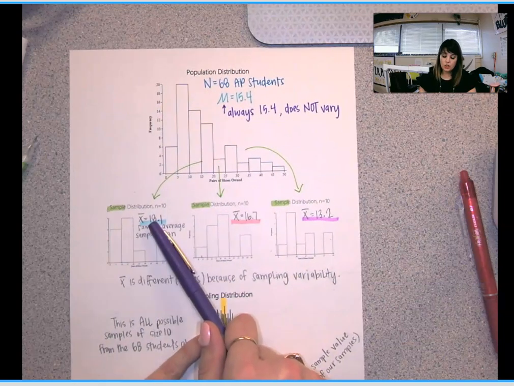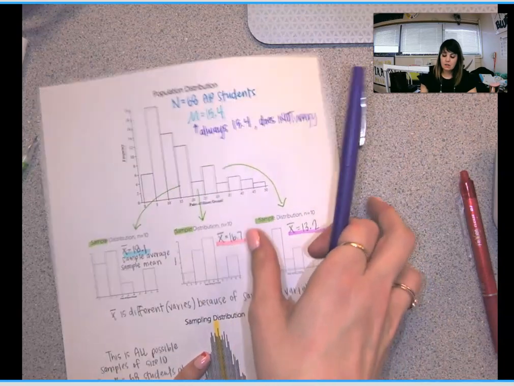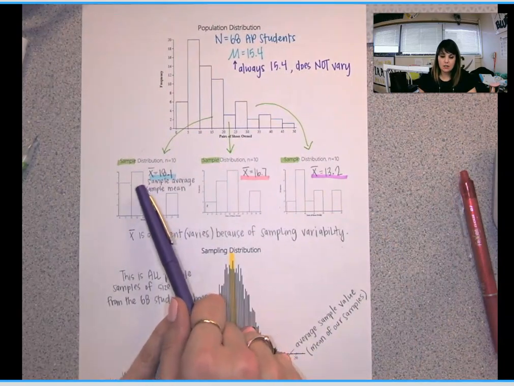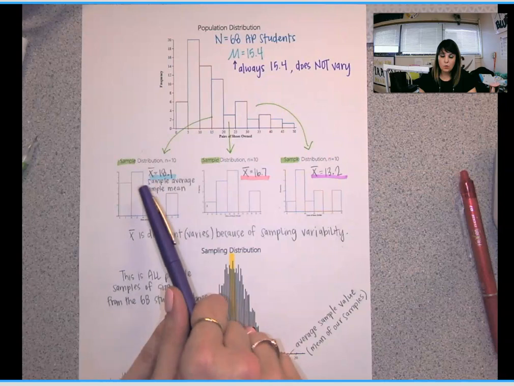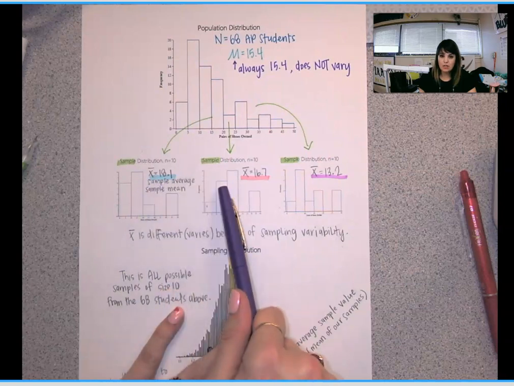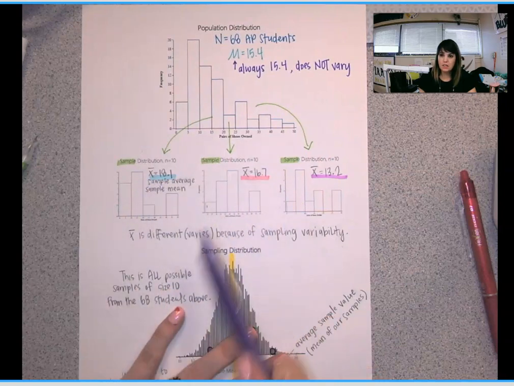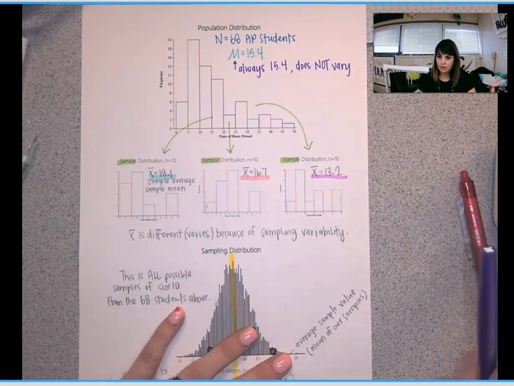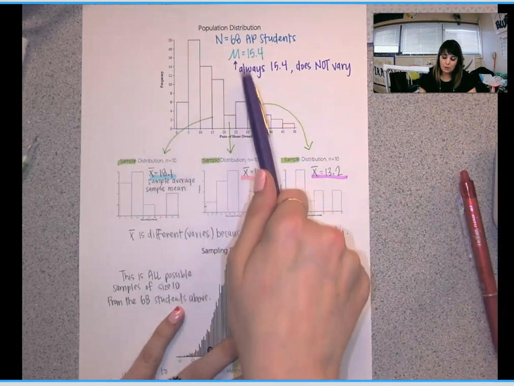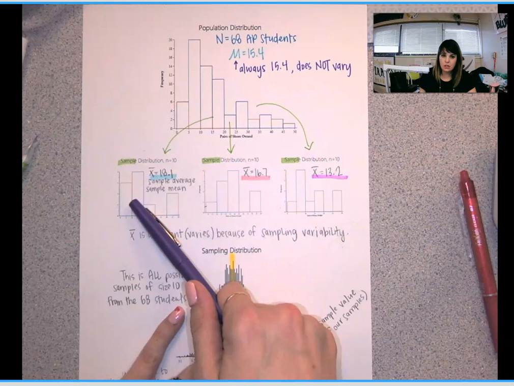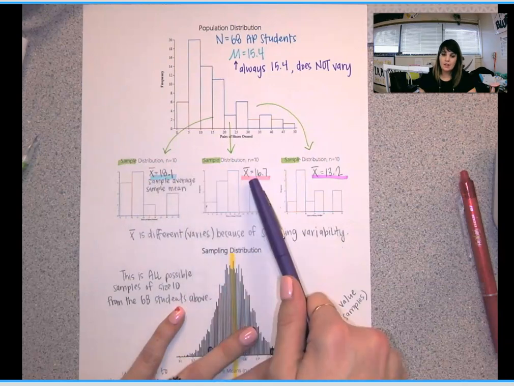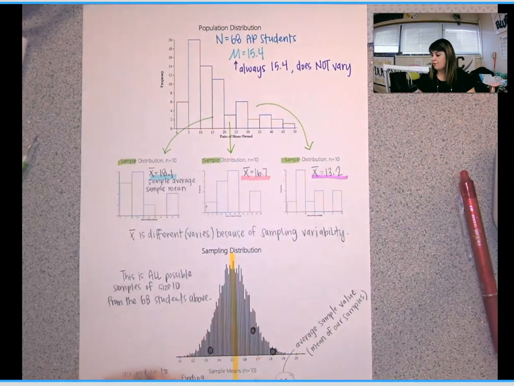But when you start to take different combinations of 10 kids, we're going to get sample values that are different from each other because each set of 10 kids is different. So we take a sample of 10 kids from this population, get 18.1, then get a different value, then get a different value.